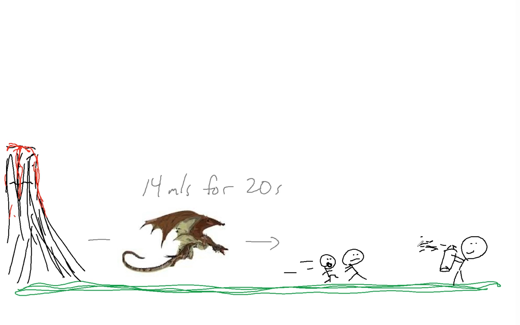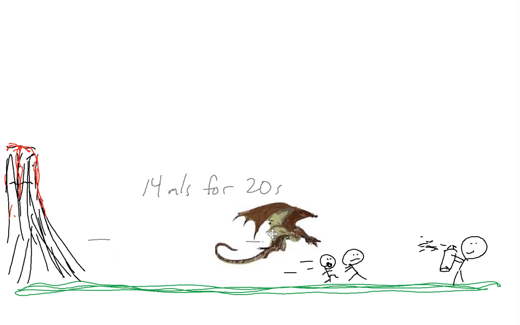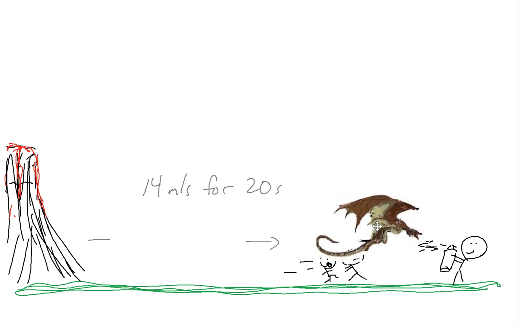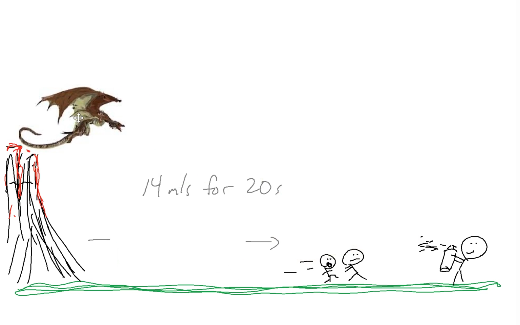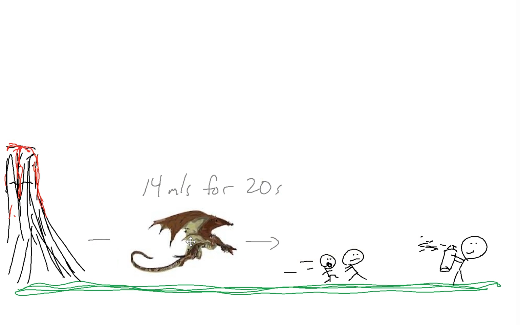So he's got his anti-dragon spray. The dragon is going to come along here, 14 meters per second for 20 seconds, get scared off by the anti-dragon spray, and then go back to the top of his volcano mountain thingy back over there.